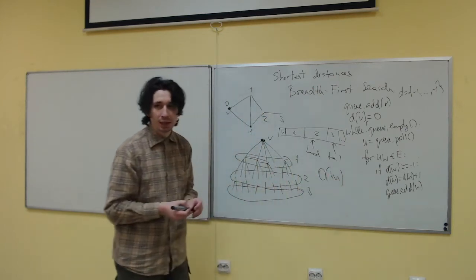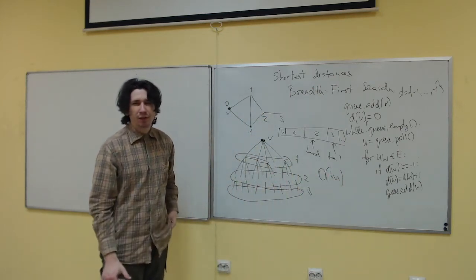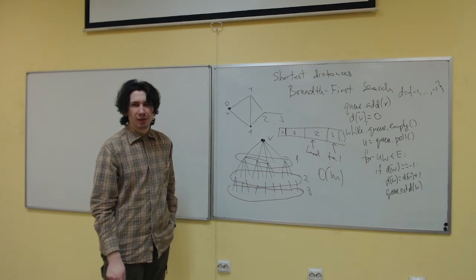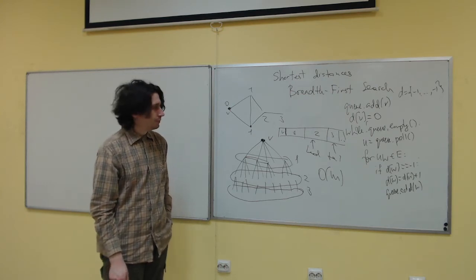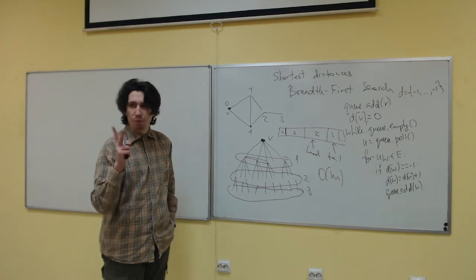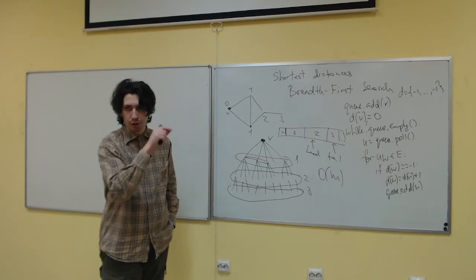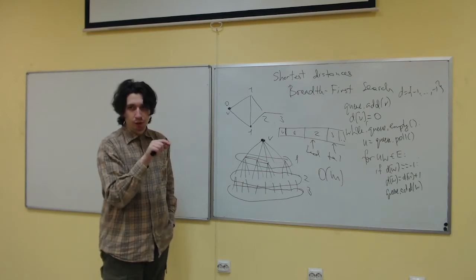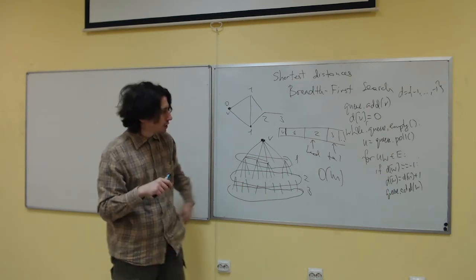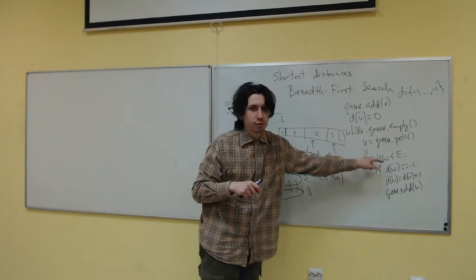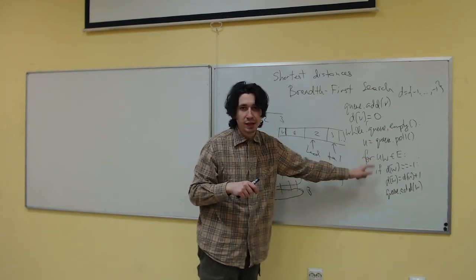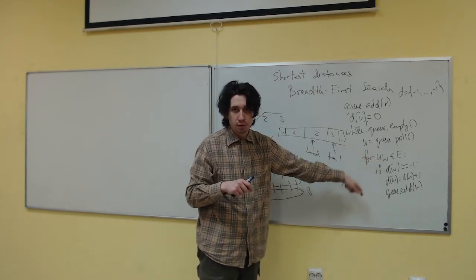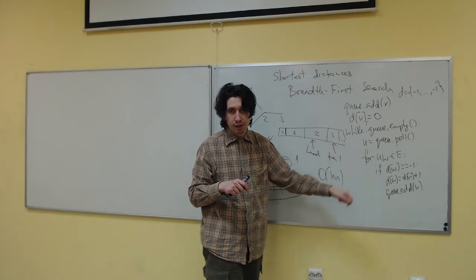Because once again we go through each edge once and add the vertex to the queue if it doesn't exist yet. Probably twice for each edge, because you can visit one edge in both directions, from u to w and from w to u, but you will never add this vertex the second time.